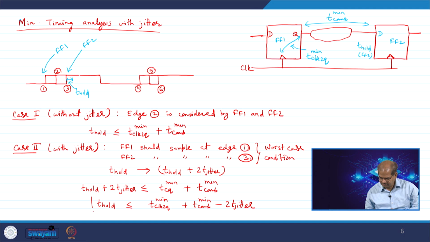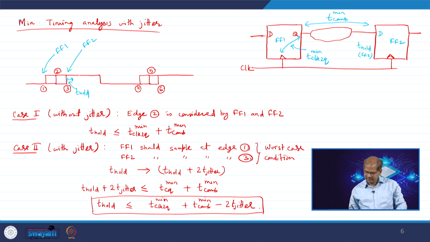This is my final constraint, which will degrade your hold requirement compared to without jitter.